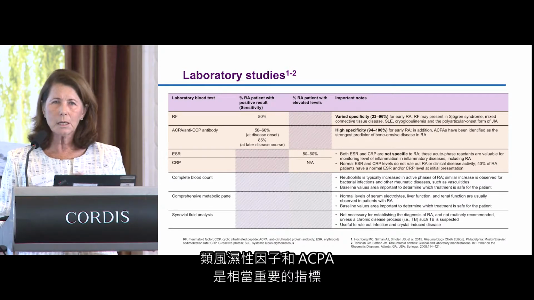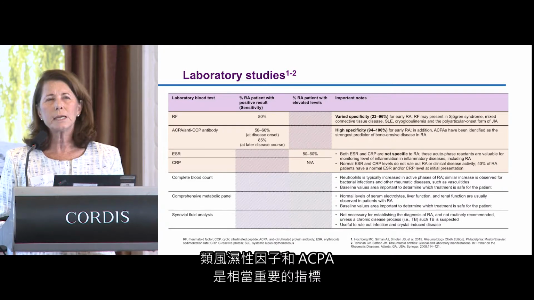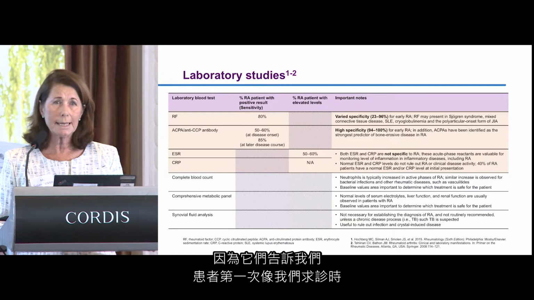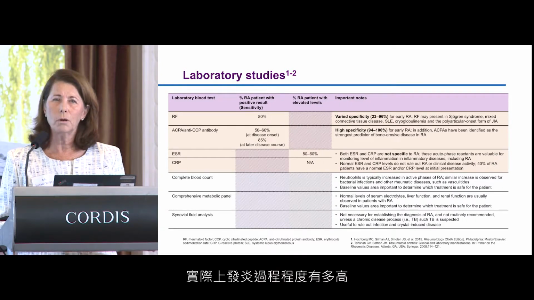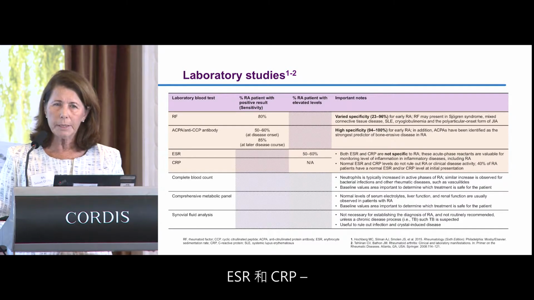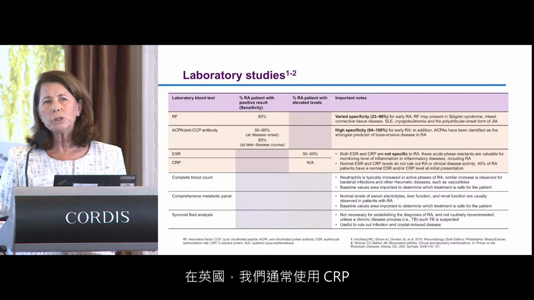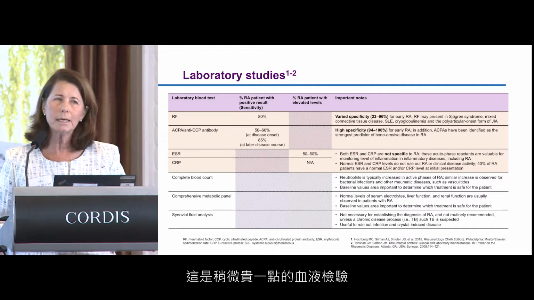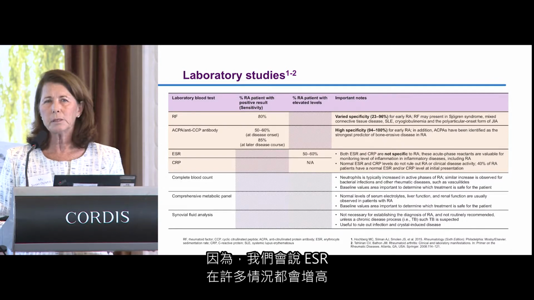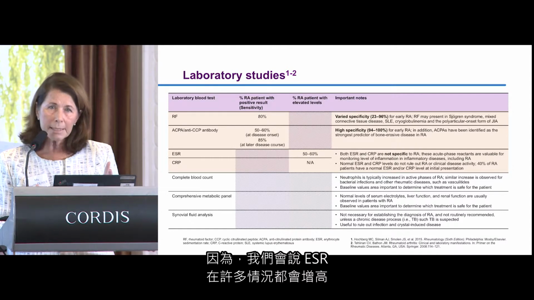And rheumatoid factor and ACPA are really important indicators in the beginning of a patient's presentation because they will actually tell us really how high their inflammatory processes are when they first come to us. ESR and CRP, in the UK we generally use CRP. It's a slightly more expensive blood test, but it is better than ESR because an ESR will be raised in many situations.